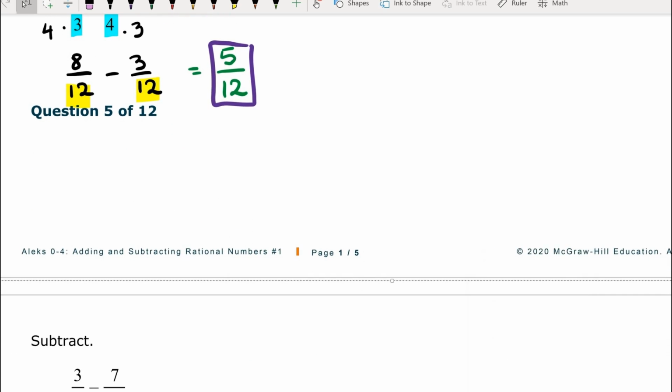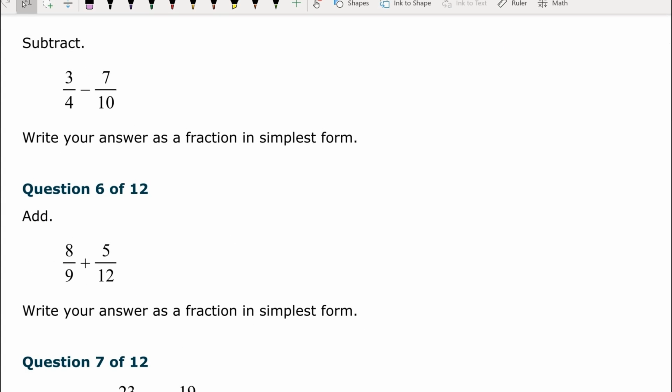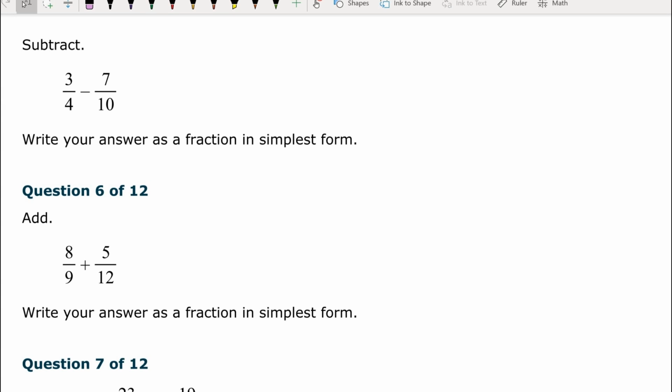Problem 5. Okay, we're going to subtract 2 fractions. Right now they don't have the same denominator, so we need to find the least common denominator, LCD. In this case, LCD is going to be 20. If you put 40, it will be a common denominator, but it's not the least common denominator.